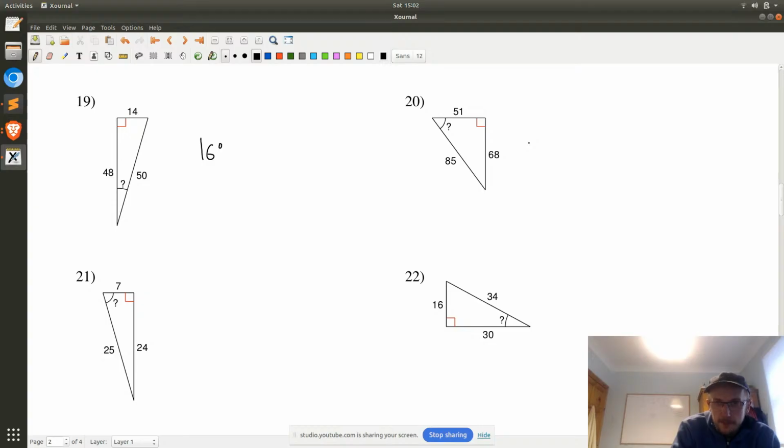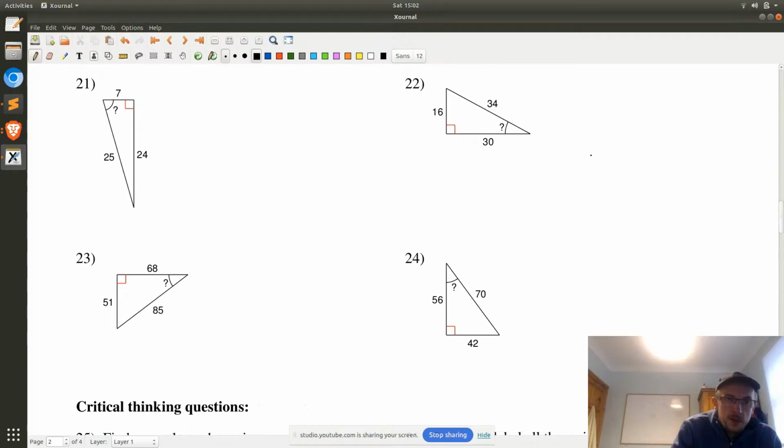Tangent function. 53. Just a few more here. 74. 28. 37.